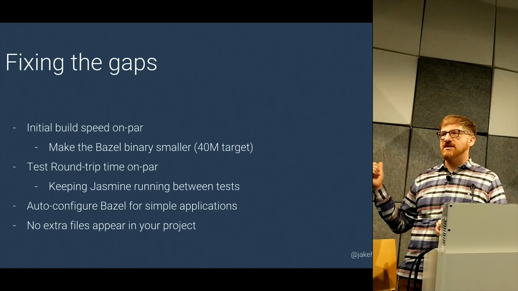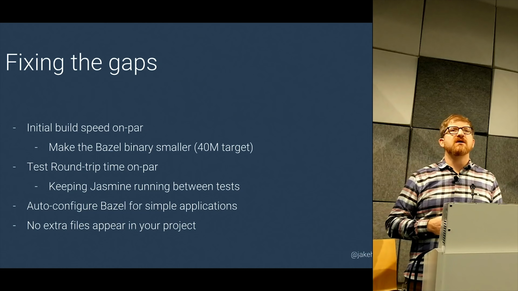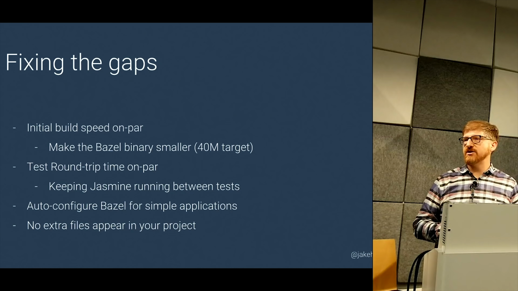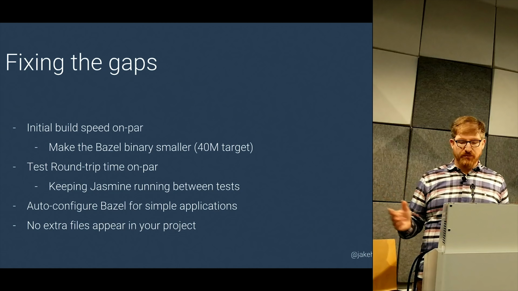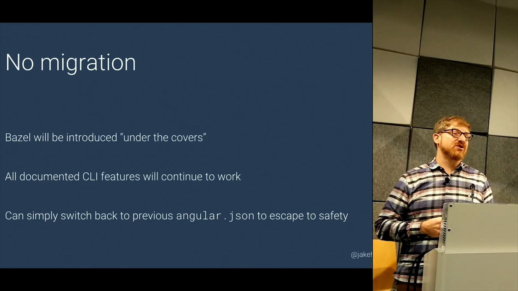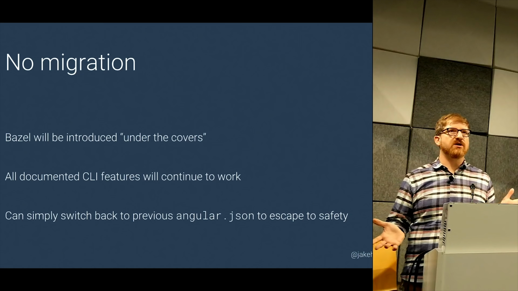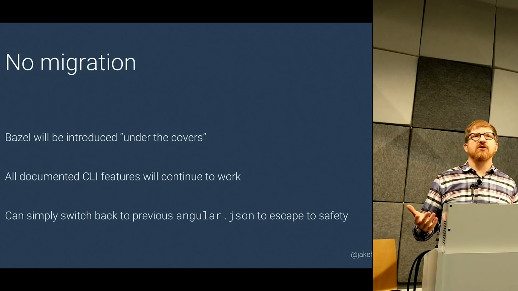I mentioned configuration. The second row in that table was bad, so we need to auto-configure Bazel for simple projects, and we don't want any extra files to appear in your project. So essentially what this means is that there should be no migration for you. Assuming you are using Angular CLI and you're not tampering with the Webpack config or anything, we can change the behavior under the covers.